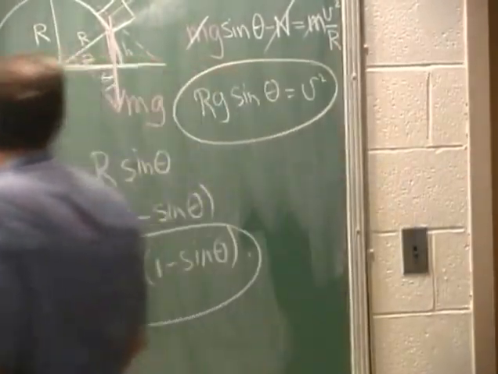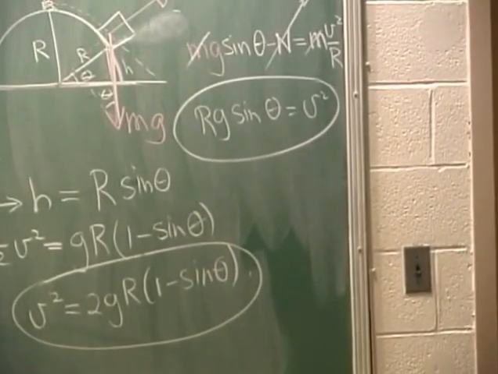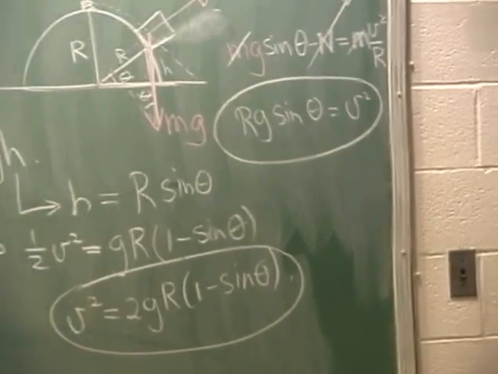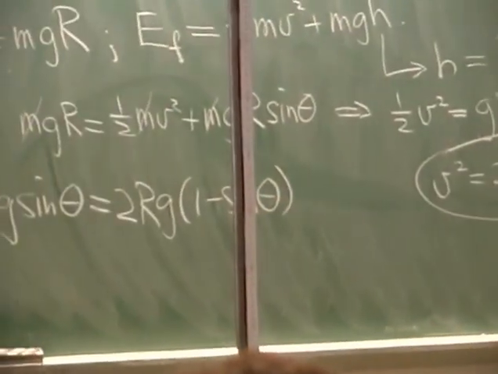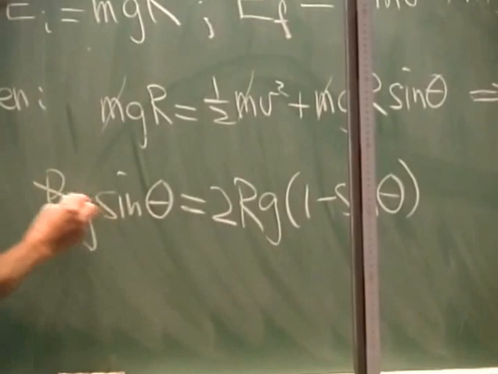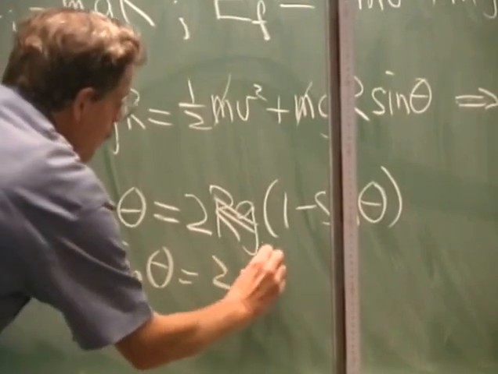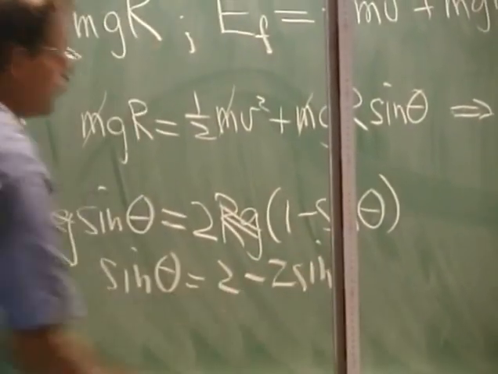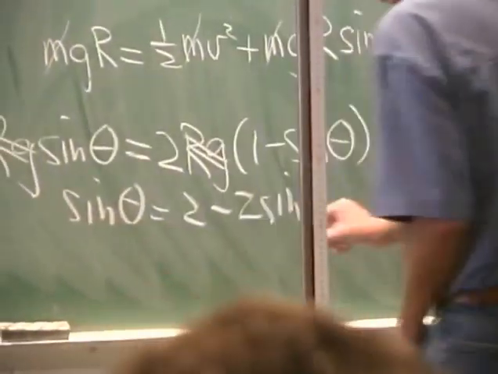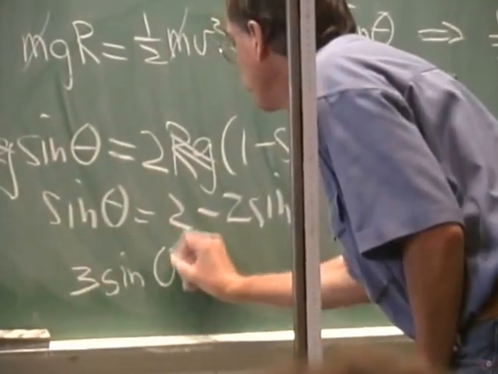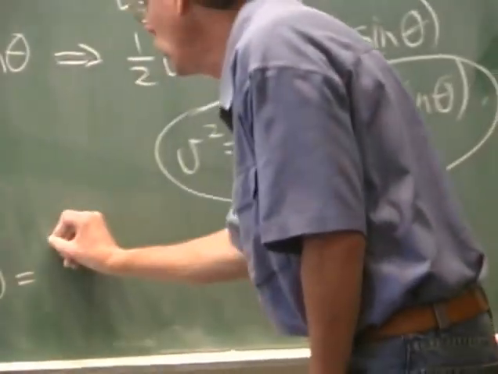There are two formulas for v squared, if you like. rg sine of theta is equal to v squared, which is 2rg times 1 minus sine of theta. rg cancels, and I get sine of theta is equal to 2 minus 2 sine of theta, or pulling a 2 sine theta over here, I've got 3 sine theta equals 2, or sine theta is equal to 2/3.